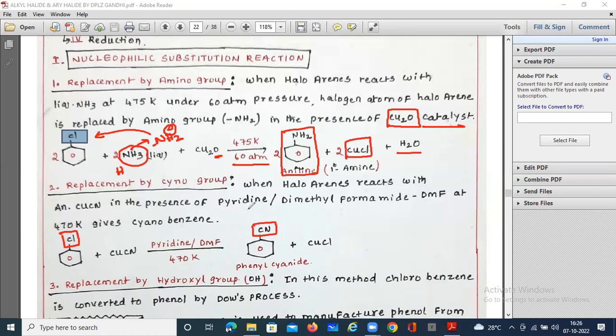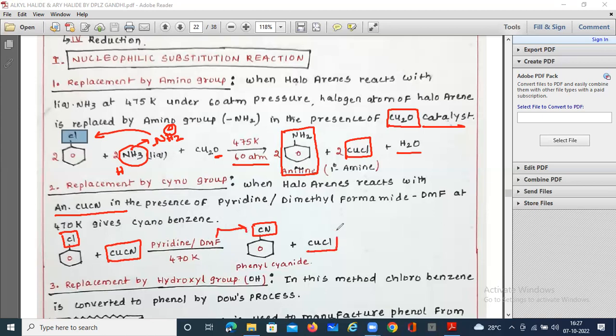Here the conditions are very important. When the haloarene reacts with anhydrous CuCN, copper cyanide, in the presence of pyridine or dimethyl formamide, simply written as DMF, then finally it gives cyanobenzene.